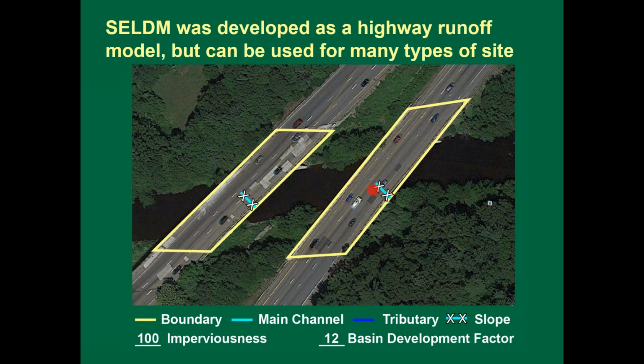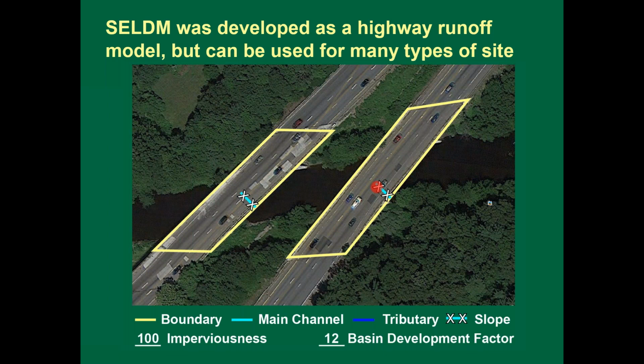If you have a bridge, the main channel length would be from the crown of the road to the scuppers, and there are no tributary channels. And then the slope of the flow line would be the 10-85 slope between the crown of the road and the scuppers.